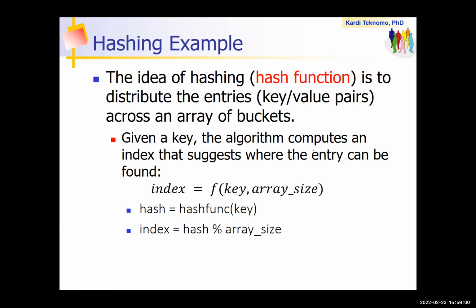So if you know the key, it will give you the index. An example of an algorithm is simply like this: hash mod array size. This is one of the simplest examples.